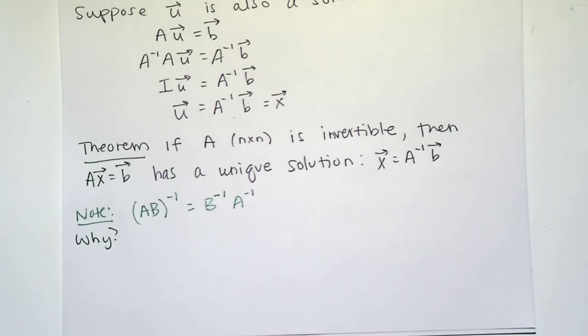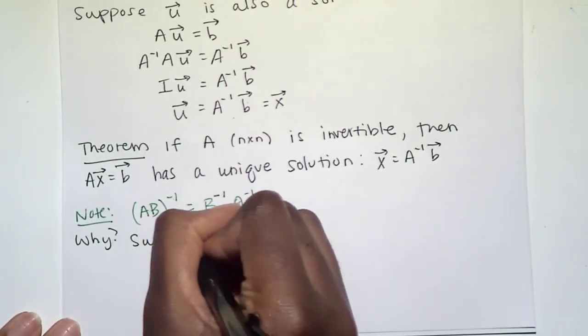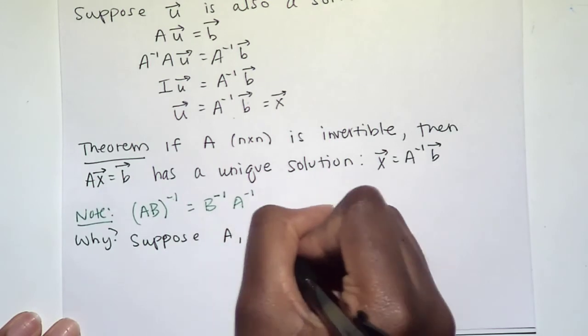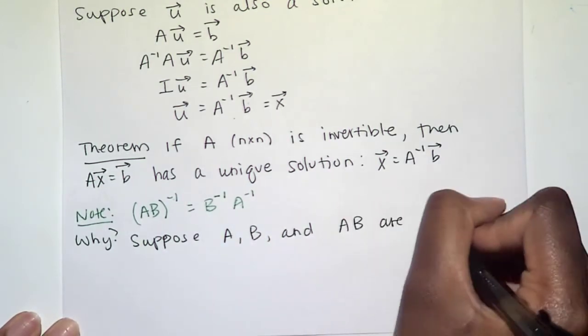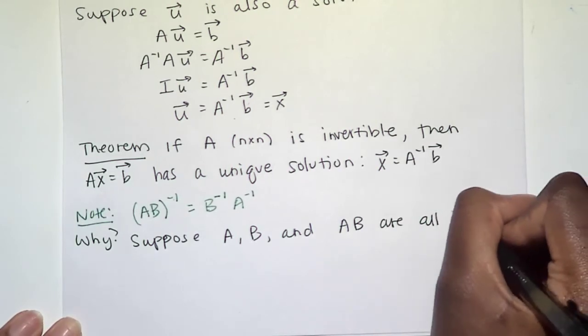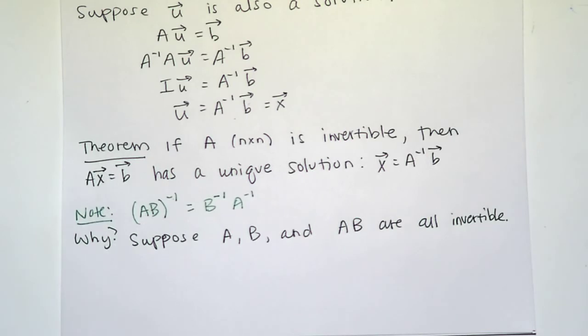Why? All right, so let's suppose that all of these components here are invertible. So let's suppose A, B, and the product AB are all invertible. Okay, I'm just going to assume that right off the bat.